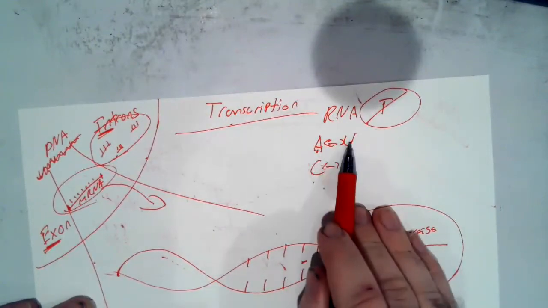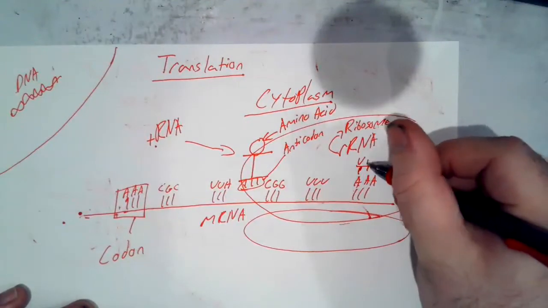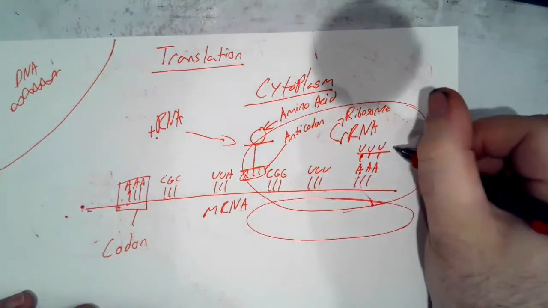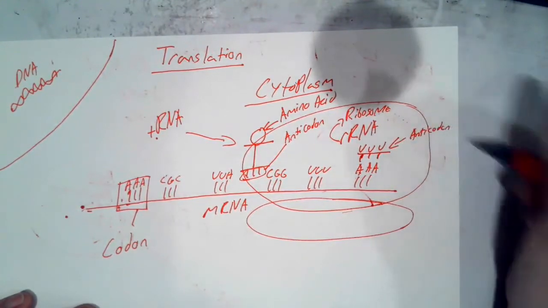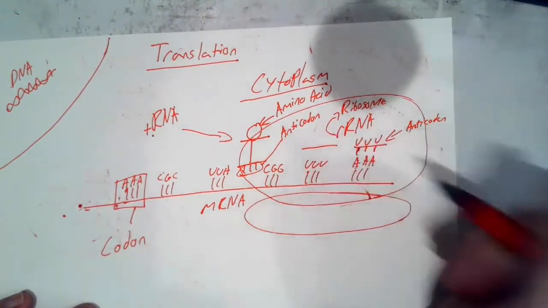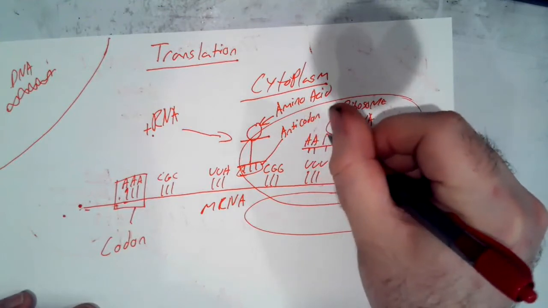A bonds to U. So this one must be U, U, U. Okay, that was easy. And this is the anticodon, and this is the codon. What about UUU? Well, what's the anticodon for that? That would be probably AAA. Not probably, it is.